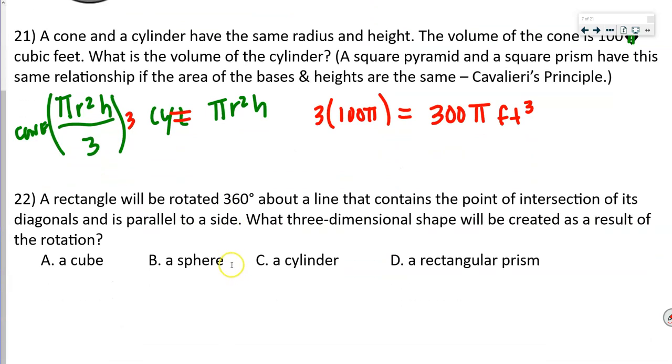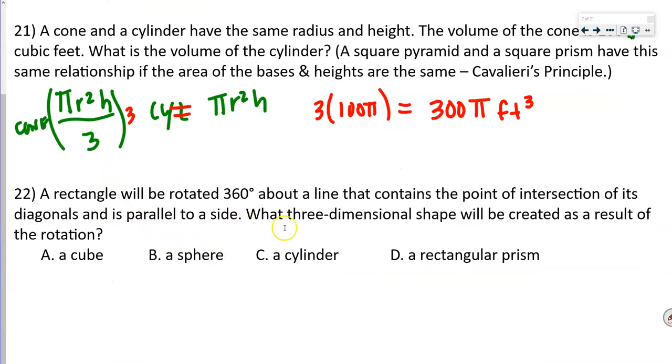Okay. The next one says a rectangle will be rotated 360 degrees about a line that contains a point of intersection of its diagonals and it's parallel to a side. It says what three-dimensional shape will be created as the result of the rotation. So what I want to do is draw a rectangle, and then it says that it would be rotated about the point of the intersection, okay, so of the diagonals.